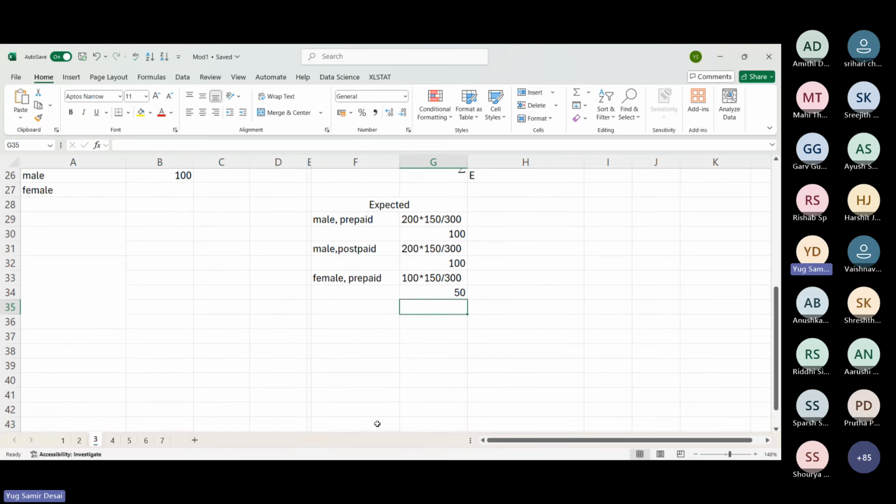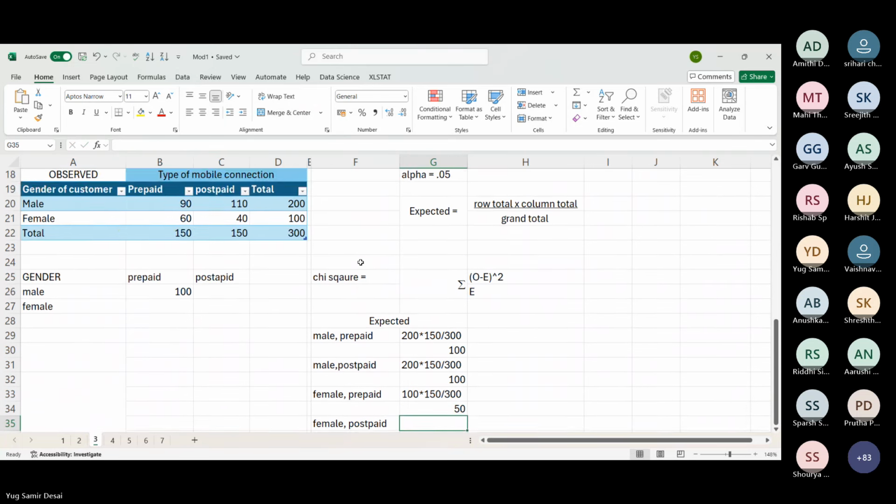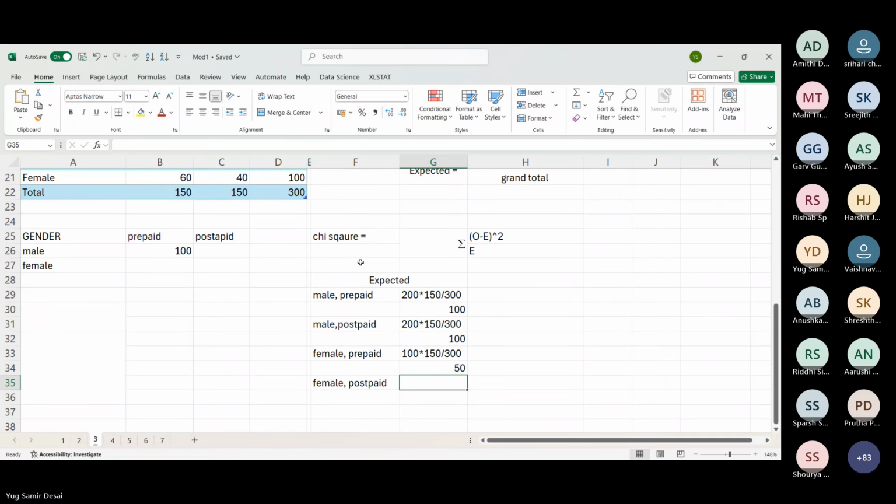And again, female for the postpaid plans, it would be the exact same calculation again: 100 times 150 divided by 300, giving us the value 50.